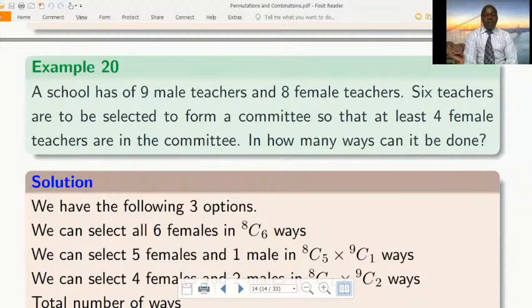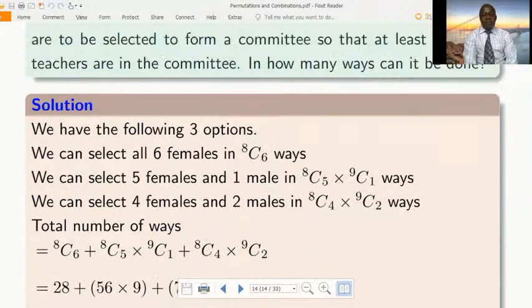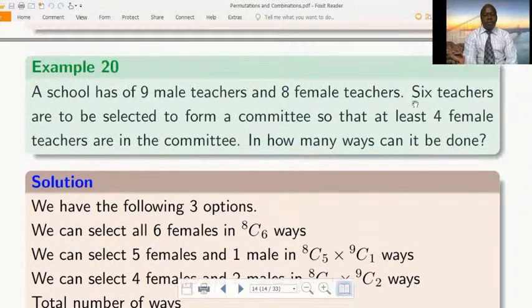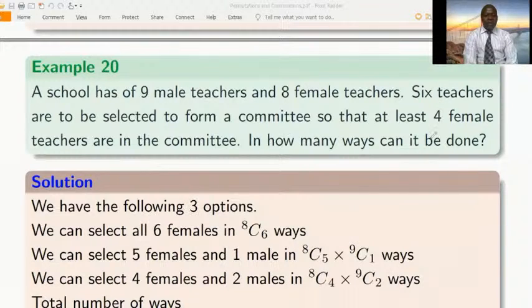So again, we just reason the way we reasoned the previous question. This committee of 6 is coming out of 9 men and 8 women. This committee of 6, at least 4 must be female.